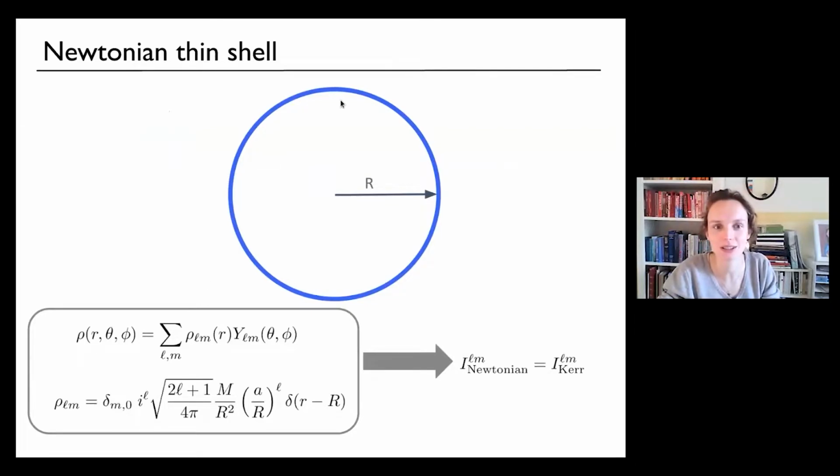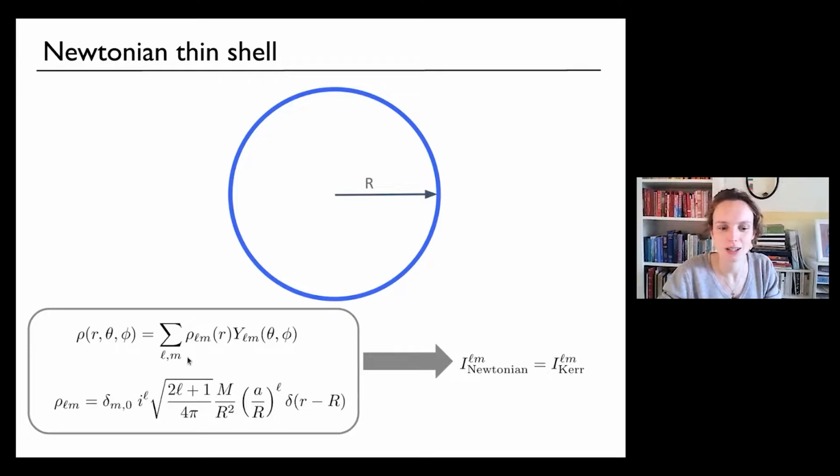Let's consider a Newtonian thin shell with some radius, capital R. If we decompose its mass density into spherical harmonics, and we say that these coefficients have this particular form, so they are axisymmetric in a way, but not completely isotropic, because they do depend on L, and they're different for different L. But if we take it of this particular form, then all the Newtonian mass multipole moments are identical to those of the Kerr spacetime.